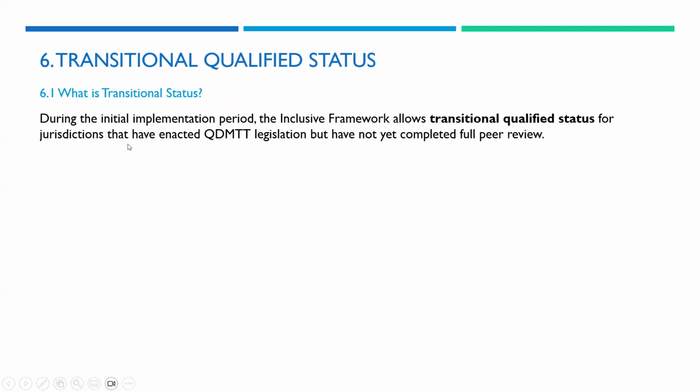So if you have a DMTT and you self-proclaim that you are qualified, but it's not reviewed yet, that's what transitional status is. The country self-proclaims, no, we have met everything, but it's under review. That is a transitional qualified status.